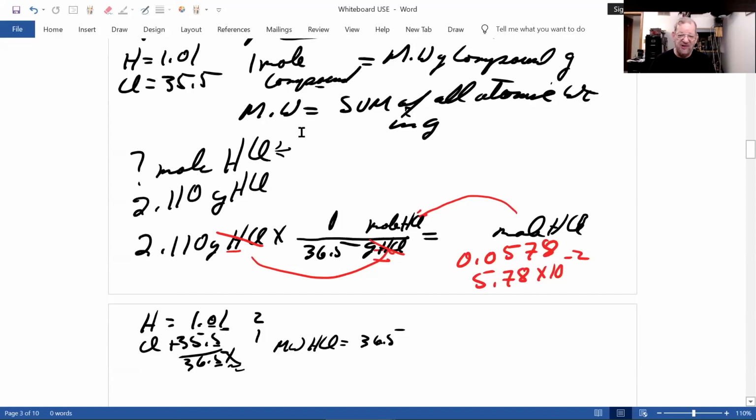How do we get the molecular weight? Because you're going to have to figure that out. It's the sum of all atomic weights, 1 hydrogen, 1 chlorine, we get 36.5, put it in there, do the math, and that's how you get the number, which means 2.110 grams of HCl is a very small amount of moles. And that's how you do it. Any questions?